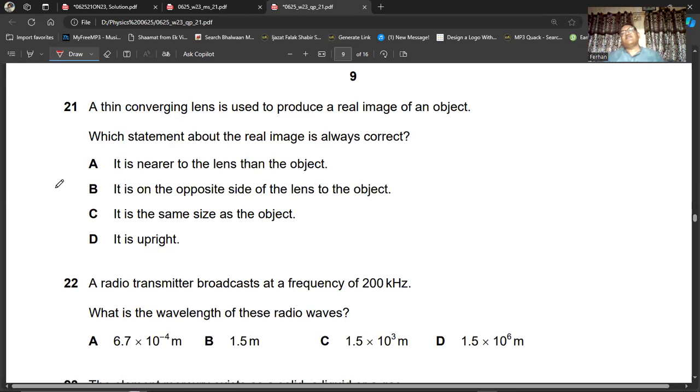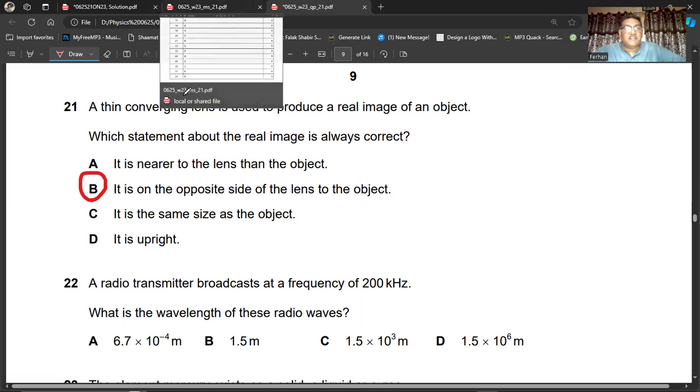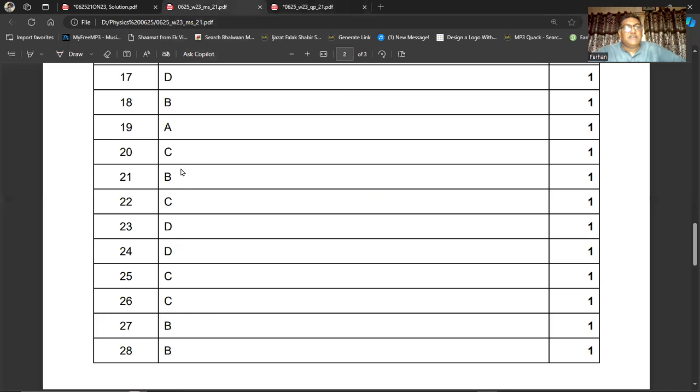If the object is on the left side, then the image will be on the right side. It is nearer to the lens than the object? It is on the opposite side of the lens to the object. Yes, that is true. It is the same size? That is not the rule. Sometimes the image is small, diminished. Sometimes the image is magnified. Sometimes the image is of the same size. It is upright? That's wrong. The real image is always inverted. So I think question number 21, B is the choice, sir.